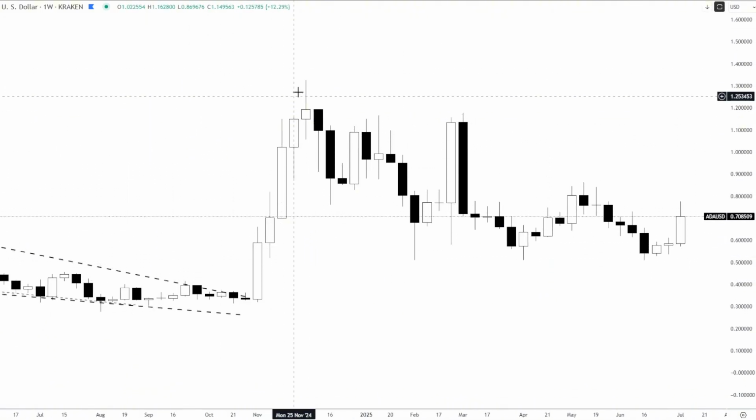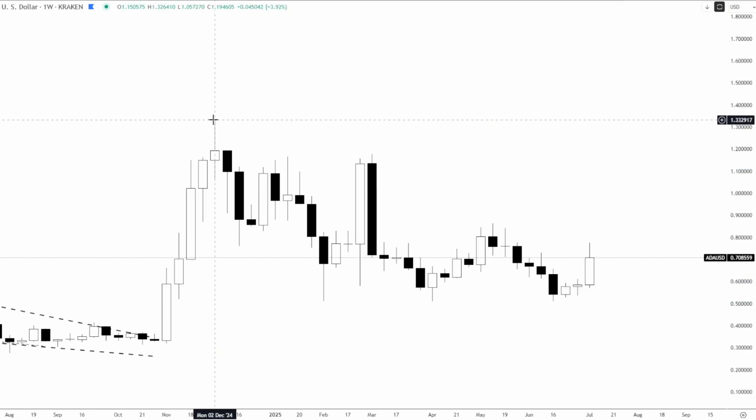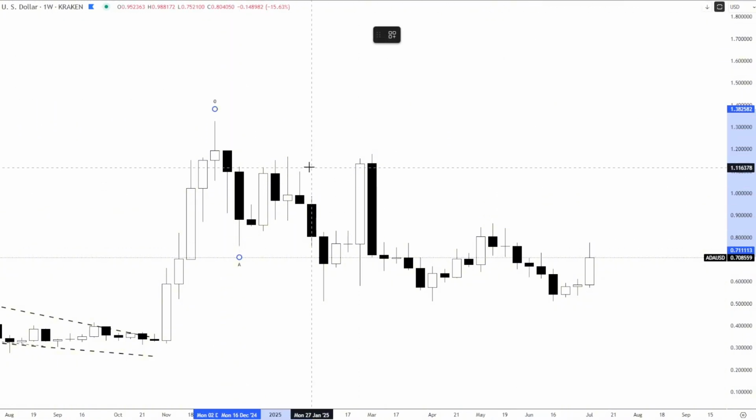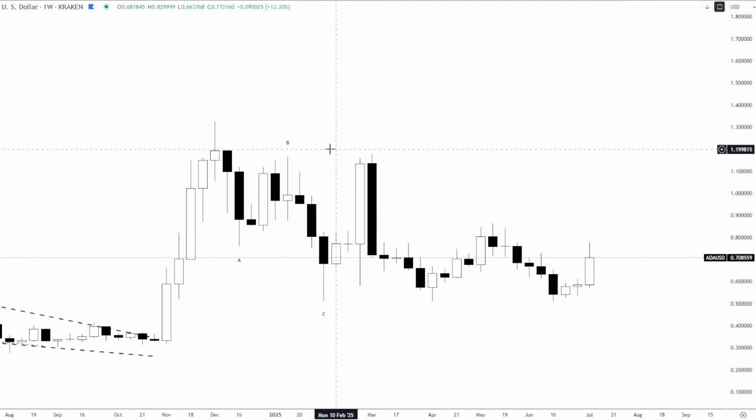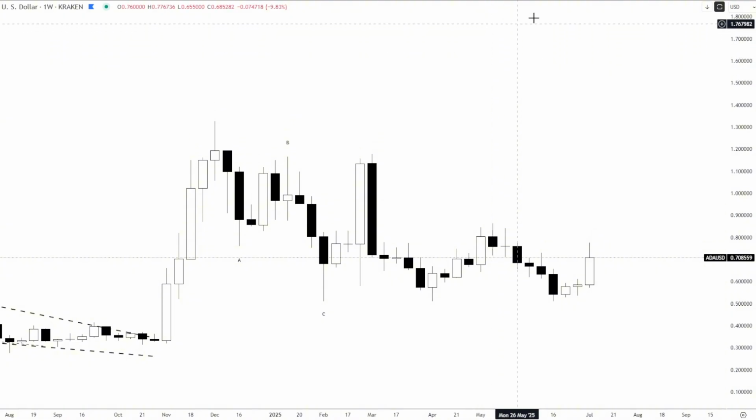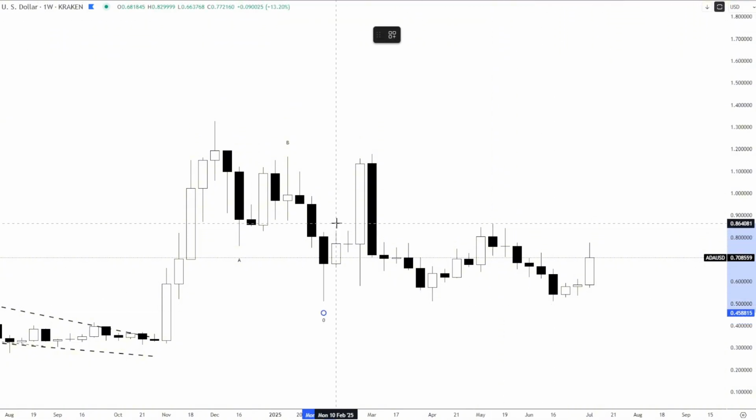So you get the parabolic breakout move and the move to the upside. Local top here in December 24, a first ABC. There are two impulses. If you go into the lower time frames, you can clearly see it. So I'm pretty sure this should be an ABC. You then get another ABC.